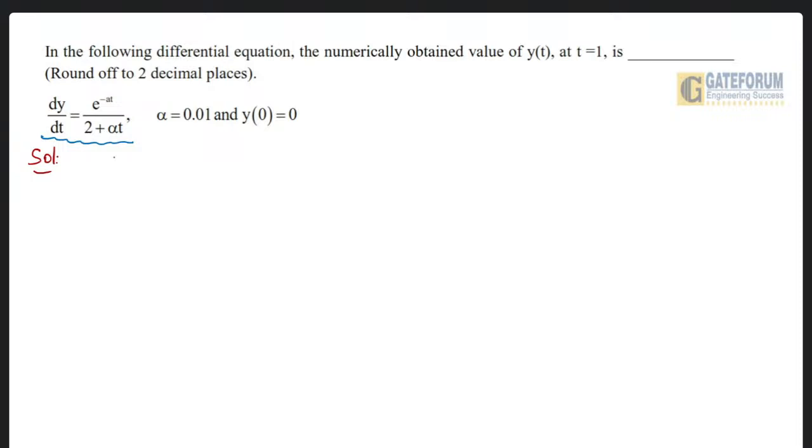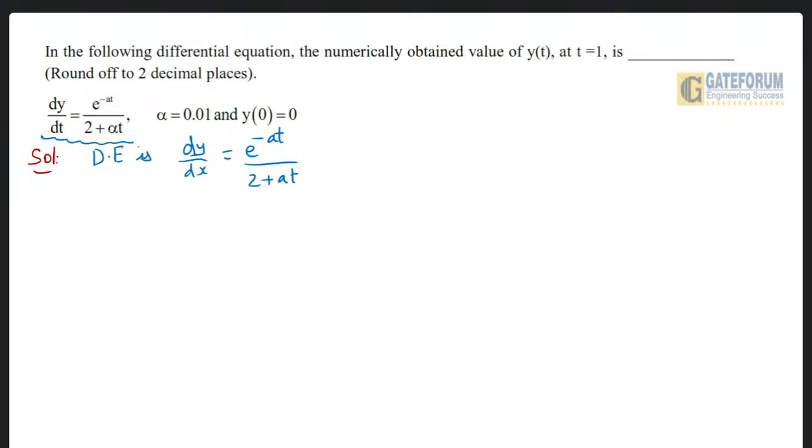The right hand side is already in the standard form dy/dt, and it is a function of t and y. When the variables are x and y, the right side is denoted by f(x, y). If the variables are t and y, the right side is denoted by f(t, y).